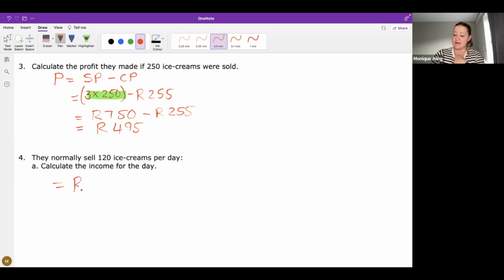So we take the selling price, the 3 Rand, times by how many ice creams they sell, which is 120, which gives you an income of 360 Rand per day. And I can see most of you got that right. Okay, so sometimes people get confused between which number to use, but income is related to the selling price. Okay, because that's the money coming into your business.